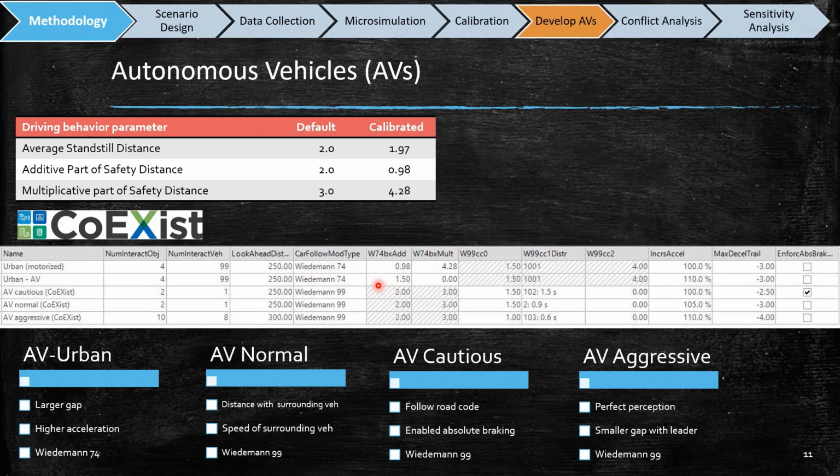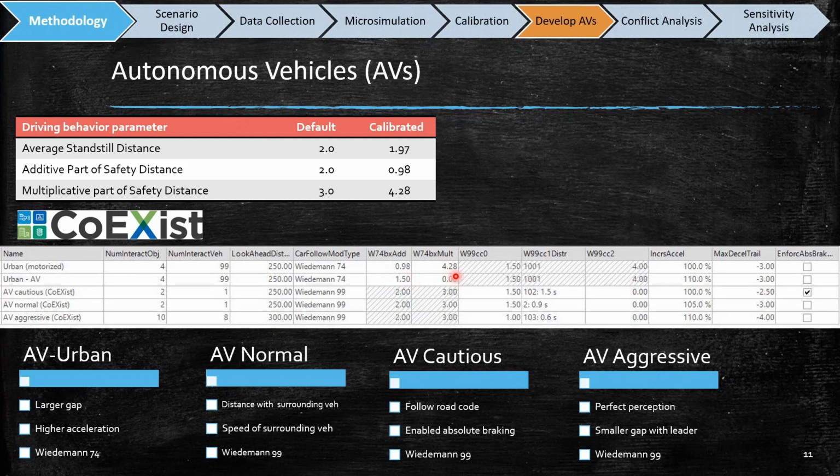And the other parameters that it has, actually there is a missing column here for the standstill distance. Standstill distance is 1.5, similar to other AVs, but for the additive part of safety distance and the multiplicative part of safety distance, we have lower or higher values, depending on the calibration. Otherwise, the default parameter is 2, but here we have 1.5.